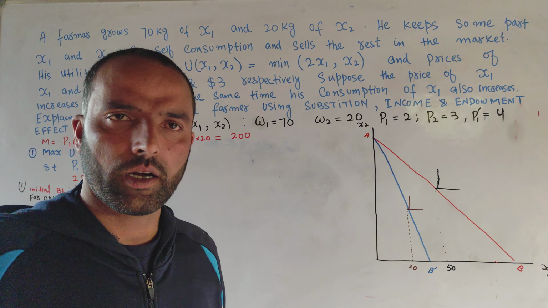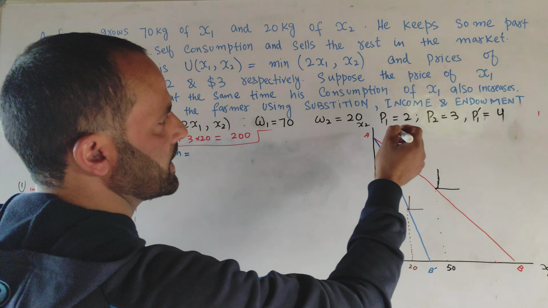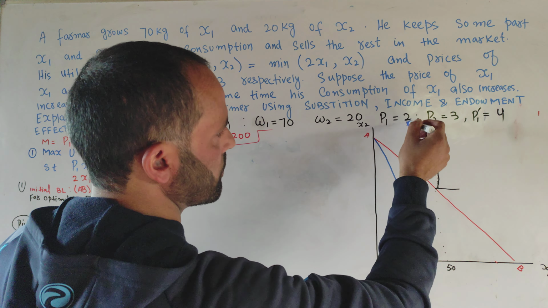The change in income should be equal to the change in the price times the quantity of x1. Initially the price was 2, it became 4, so the change in price, P1 prime minus P1, is 4 minus 2, which is 2.